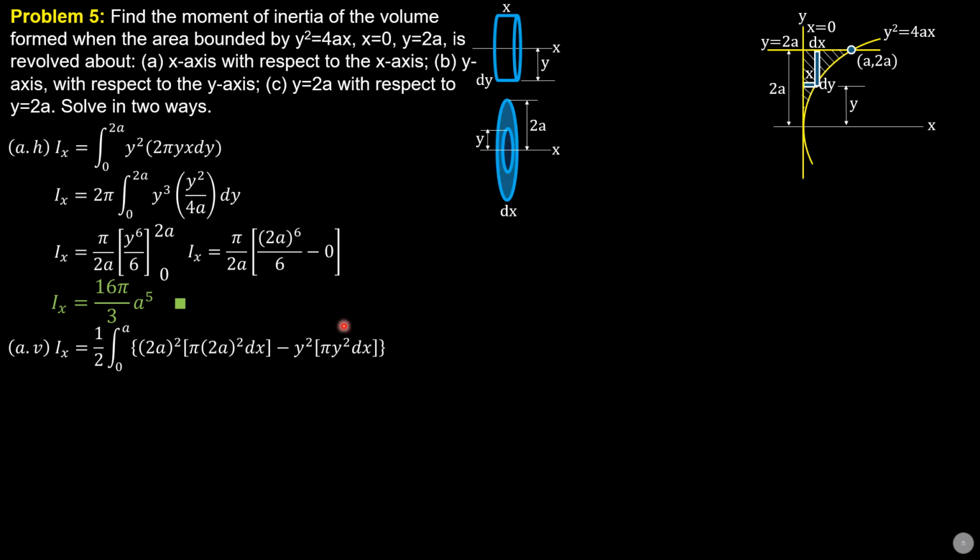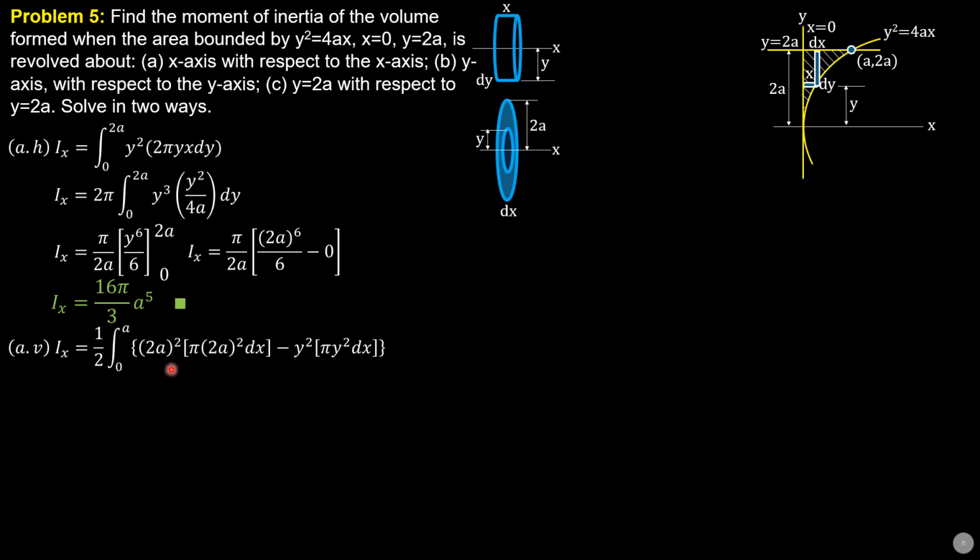Then for the inner hollow, the volume to be removed is 1/2 radius y squared times the differential volume pi y squared dx. So if we factor out pi, then we have pi over 2 and dx, times 2a to the fourth minus y to the fourth.